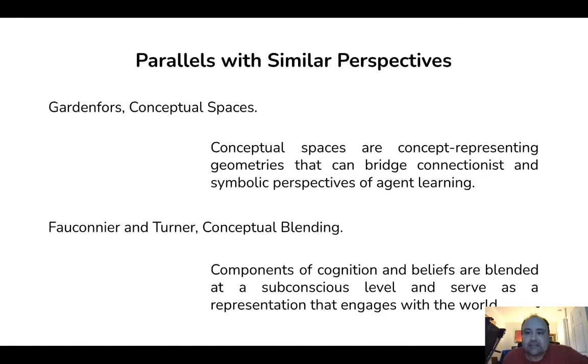The idea is that there are these concept-representing geometries that can bridge connectionist and symbolic perspectives of agent learning. So it's making that same connection there. We also have Fauconnier and Turner and their idea of conceptual blending, where components of cognition and beliefs are blended at the subconscious level and serve as a representation that engages with the world. And so that's another thing we're kind of trying to do, but in a much different way.